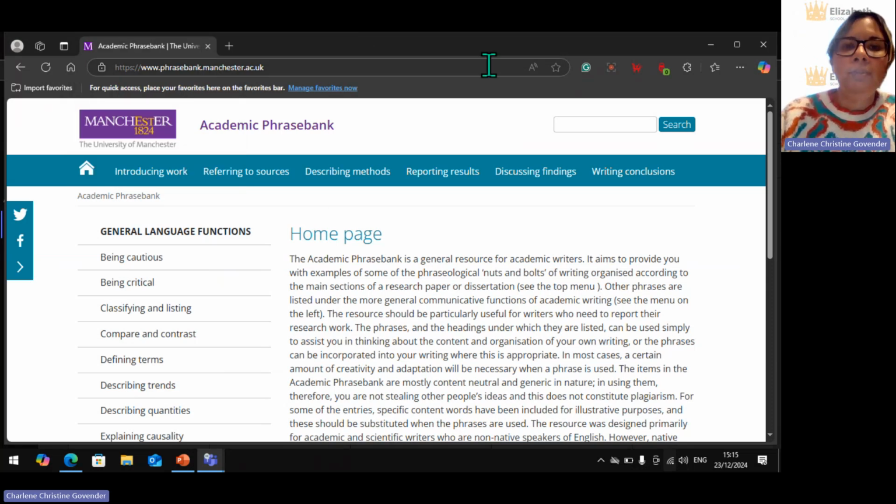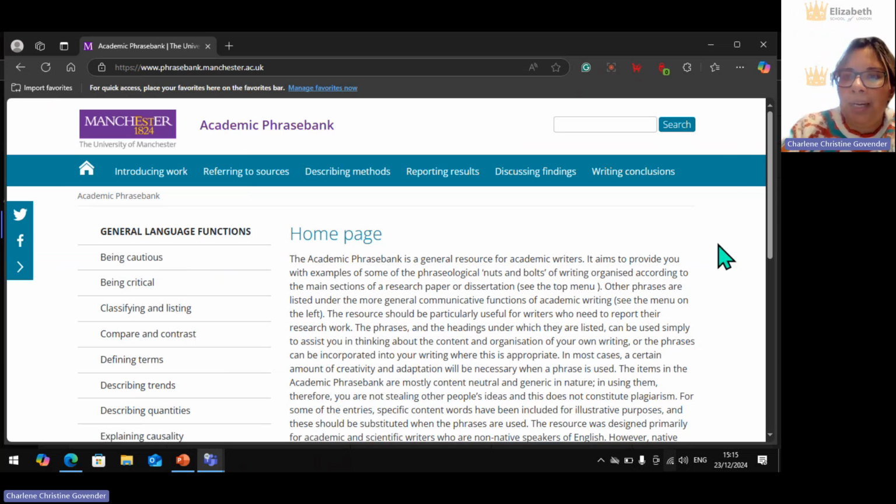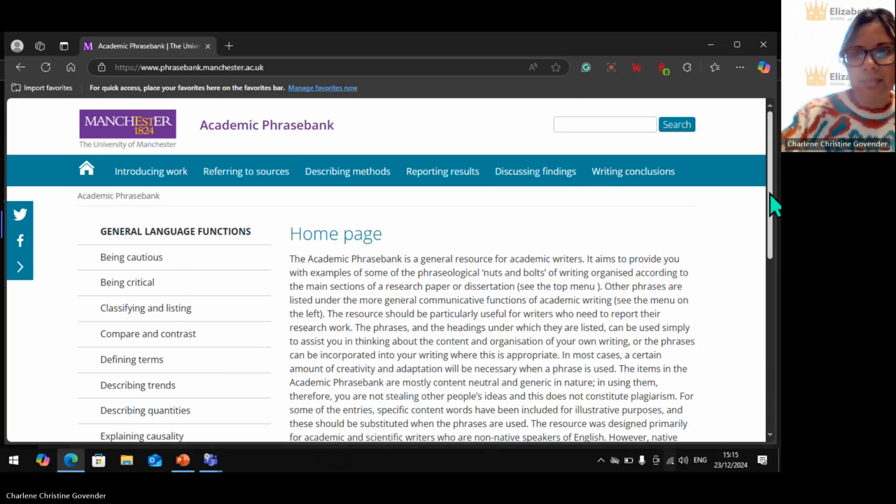So don't worry too much if it doesn't match. All this information, general language functions, will generally be on your right. So if you move your phone around, you'll find this on your right. Okay, so just play around a little bit with it. It will take you to the right page. Don't get worried if it doesn't match mine.